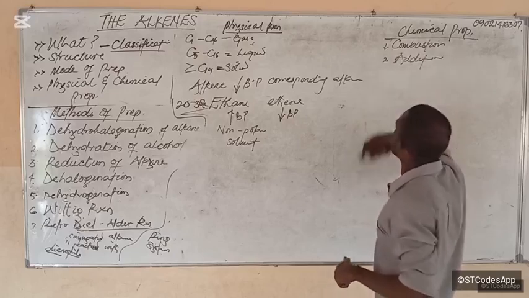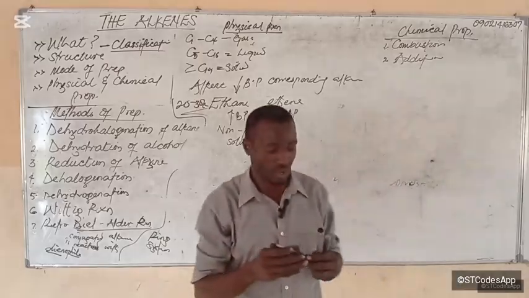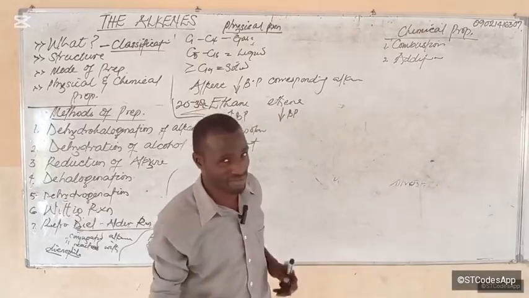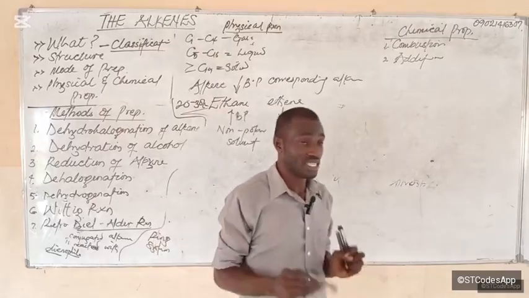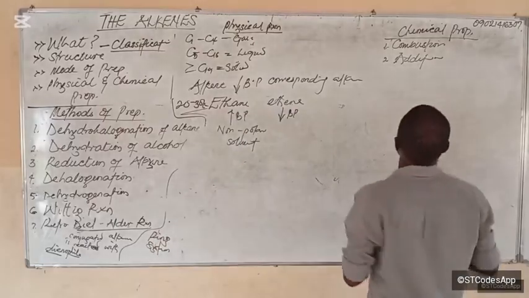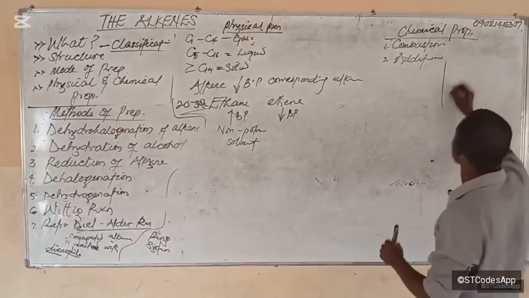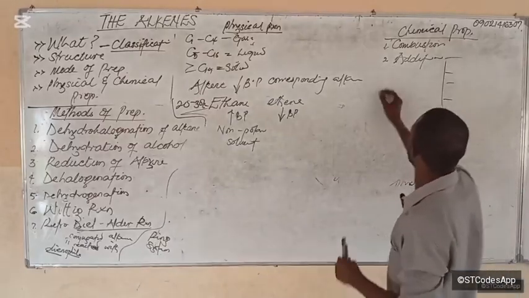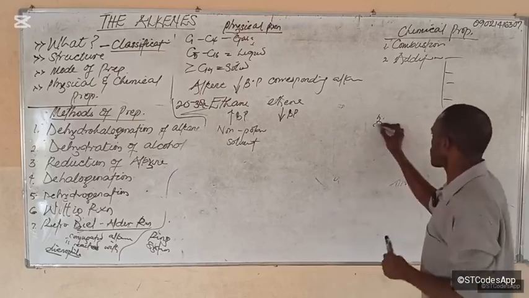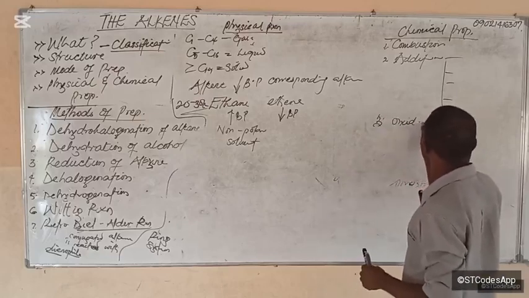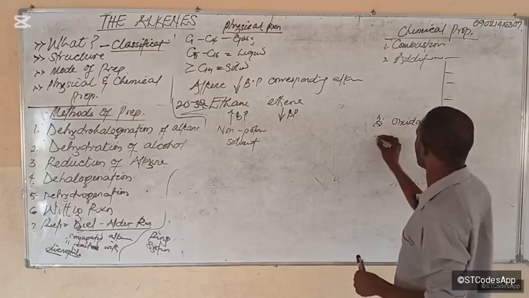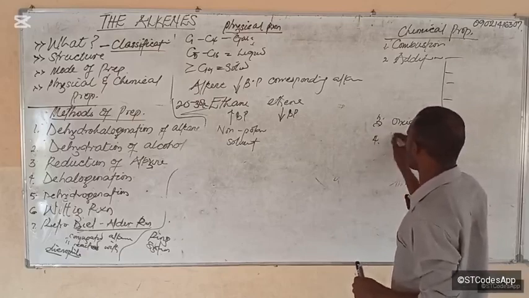With the addition reaction, I'm only going to explain one mechanism because that's the most important one they ask in exams, especially in exams here. So we have a few of them that I'm going to explain. Then we now have oxidation and polymerization.